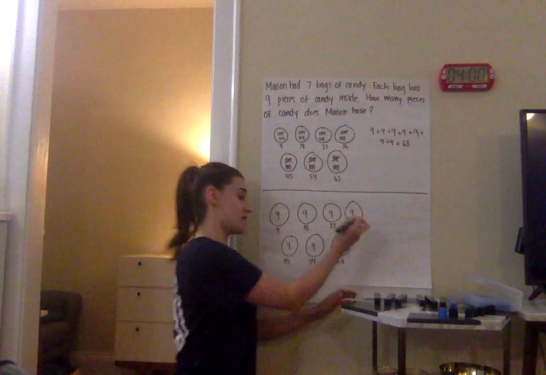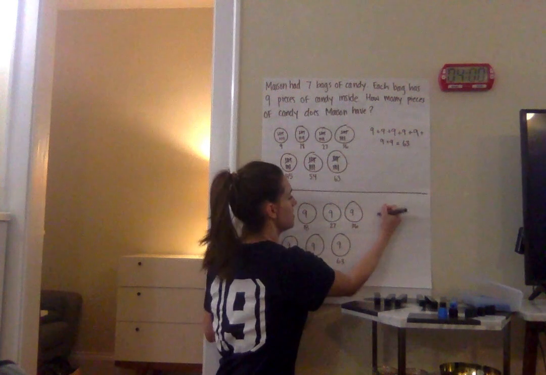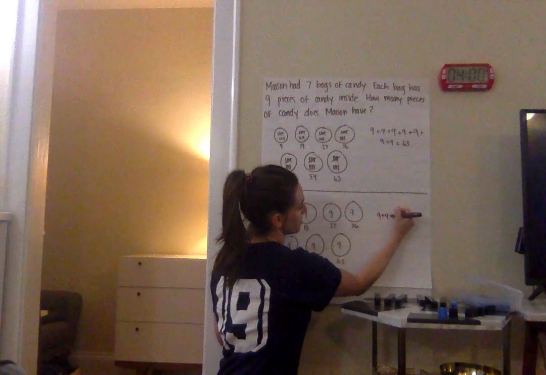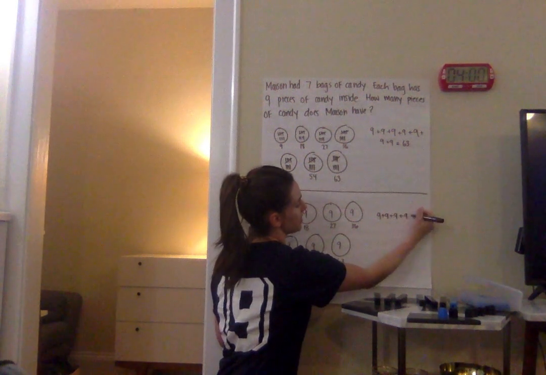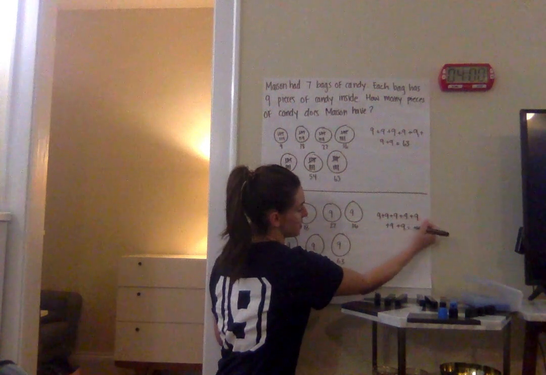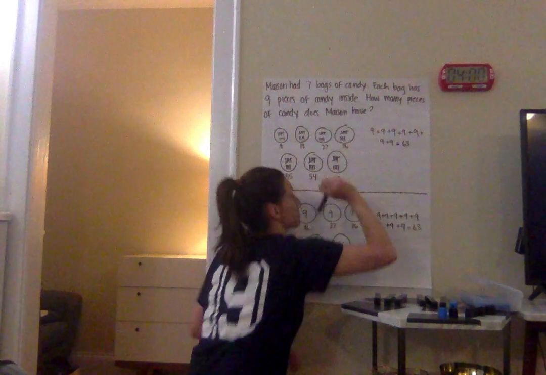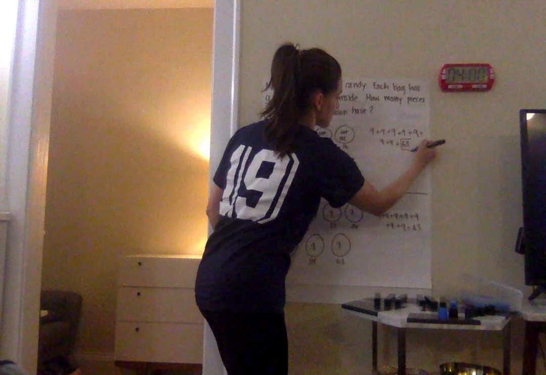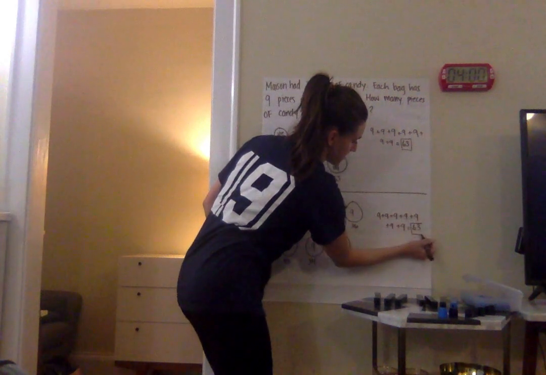So same thing. I know. I gotta draw my 9s again. 9, 9, 9, plus 9, plus 9, plus 9, plus 9 equals 63. Let me box this because it was my answer.